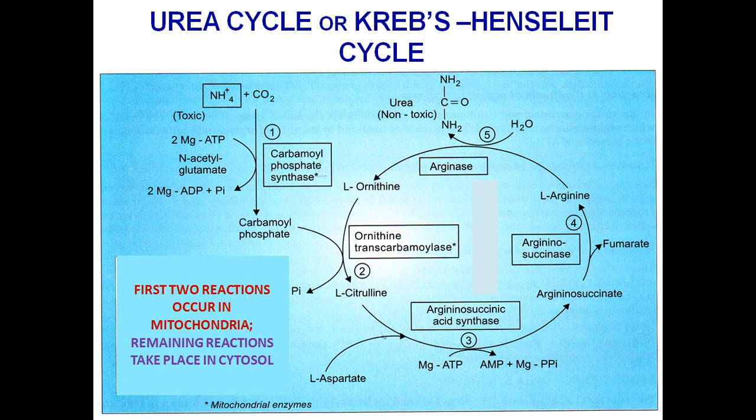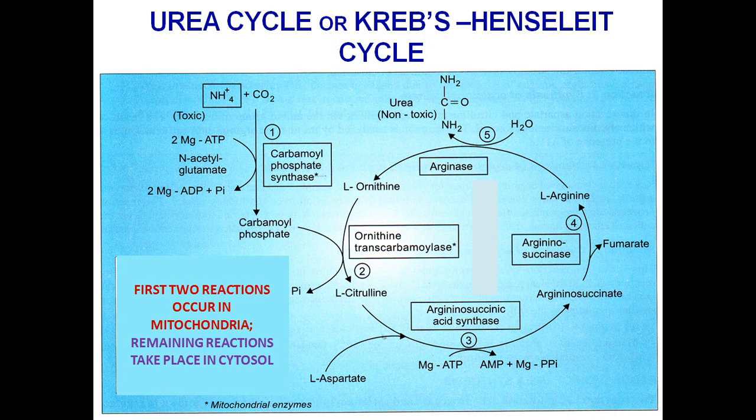You should remember that. Here down you can see the box in which I have mentioned that the first two reactions occur in mitochondria. The remaining reactions of the urea cycle take place in the cytosol.